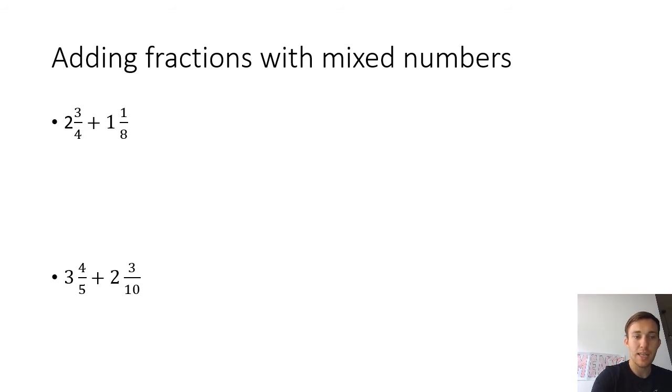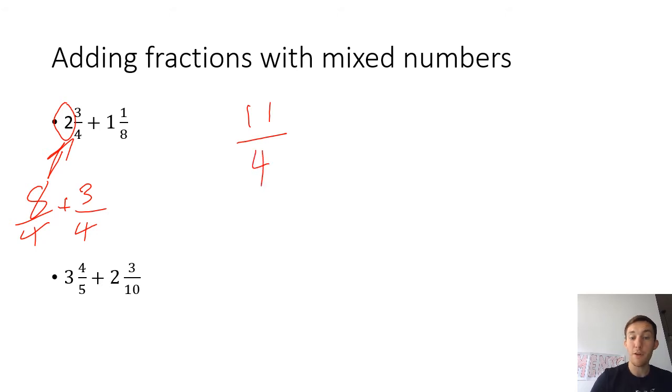So I can see that this 2 here would be the same as 8/4. Okay, because 1 whole would be 4/4. So 2 wholes is 8/4. And then I can do my 8/4 add 3/4, which would be 11/4. So that is my first improper fraction from my mixed number.